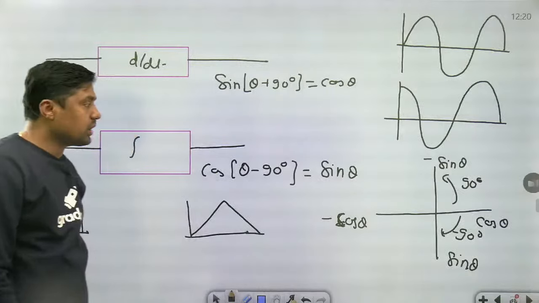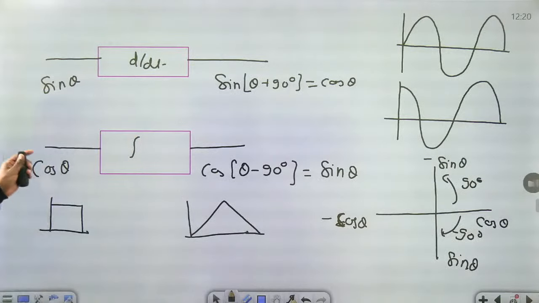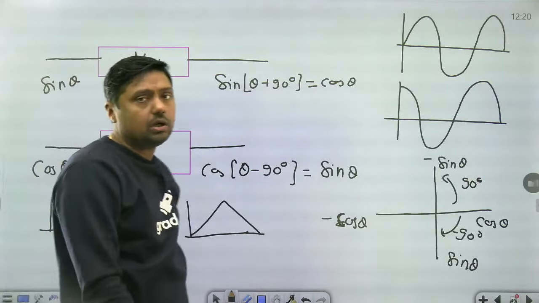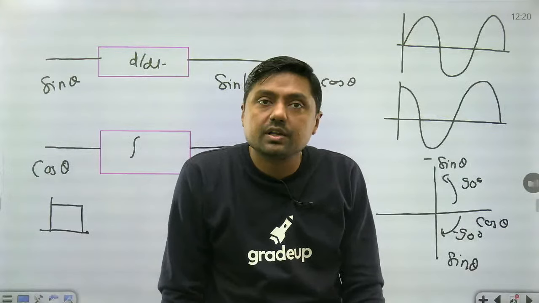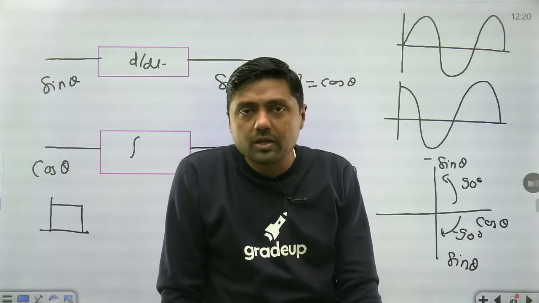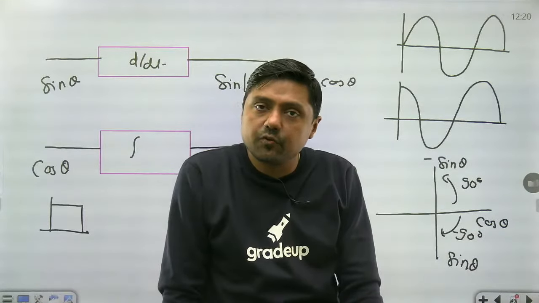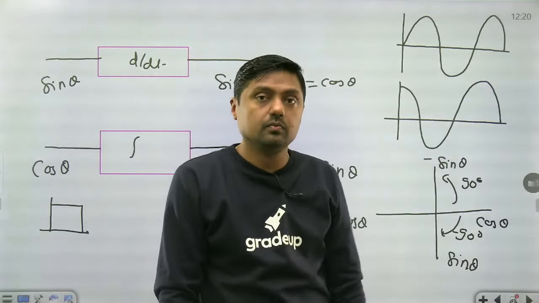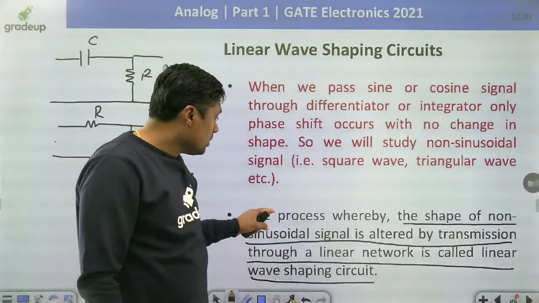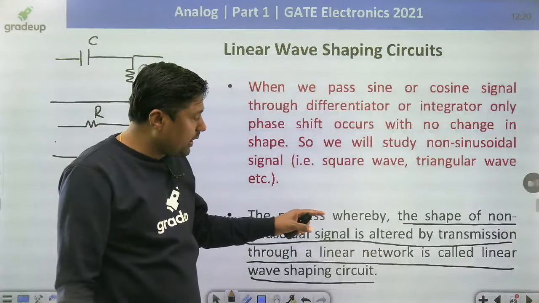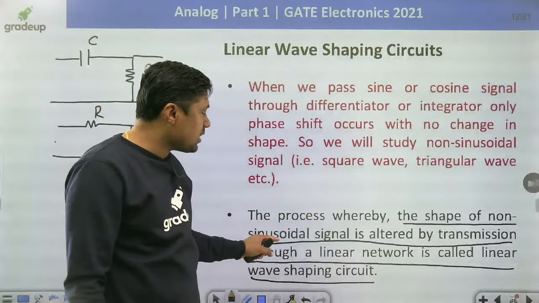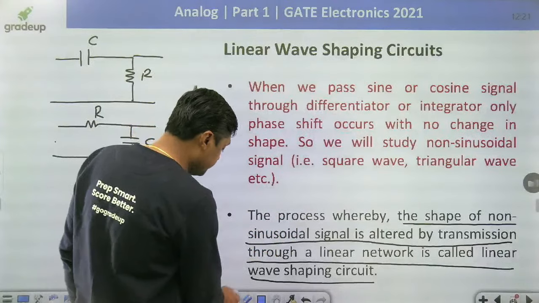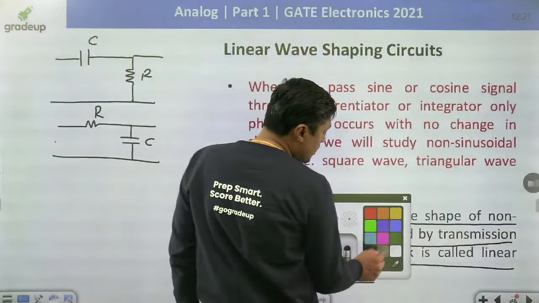Dear students, because when we are passing the non-sinusoidal signal through high pass RC circuit or low pass RC circuit, there will be a change in phase as well as a change in shape of the signal. And that is the definition. The process whereby the shape of the non-sinusoidal signal, this is the key word, non-sinusoidal signal.